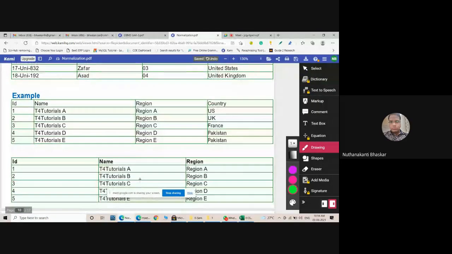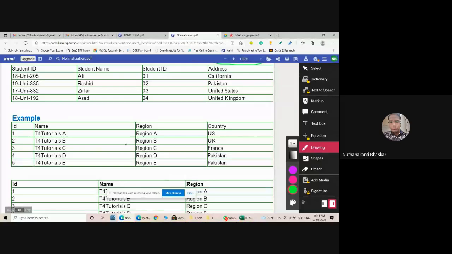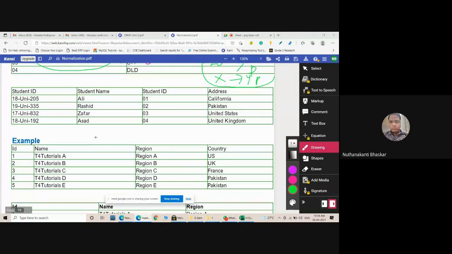Now coming to one more. Here I am giving more examples for future convenience, so please understand the things. Next example: ID, name, region, country. Now tell me, is there any functional dependencies? Name depends on ID.